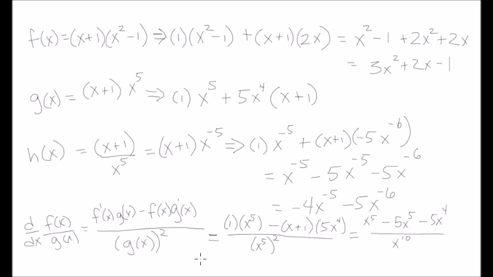So in the end, this first term, negative 4x to the 5th divided by x to the 10th, becomes negative 4x to the negative 5th. And this last term, 4 minus 10 is negative 6, becomes minus 5x to the negative 6.